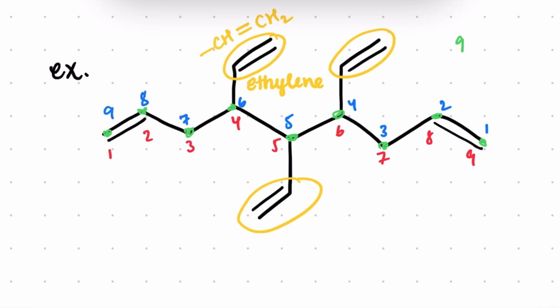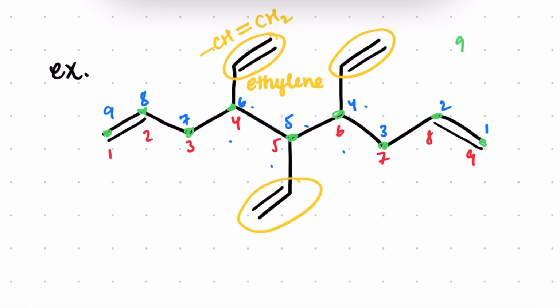Since they have the same numbers present, it's just in a different counting style. But either way, the locants are the same, and hence this compound is symmetrical. We could just directly, without a doubt, say that the locants are 4, 5, and 6. It doesn't matter whether you're going with the red locants or the blue locants. Either way, you'll get the same.